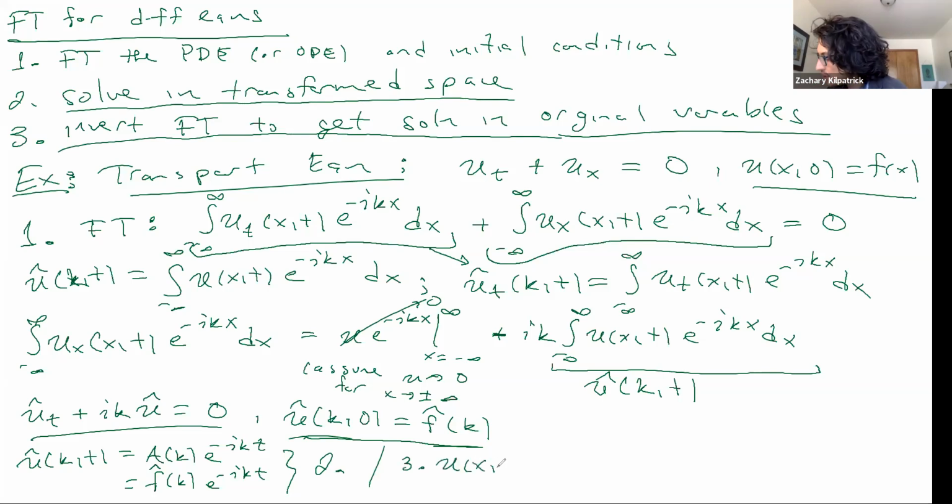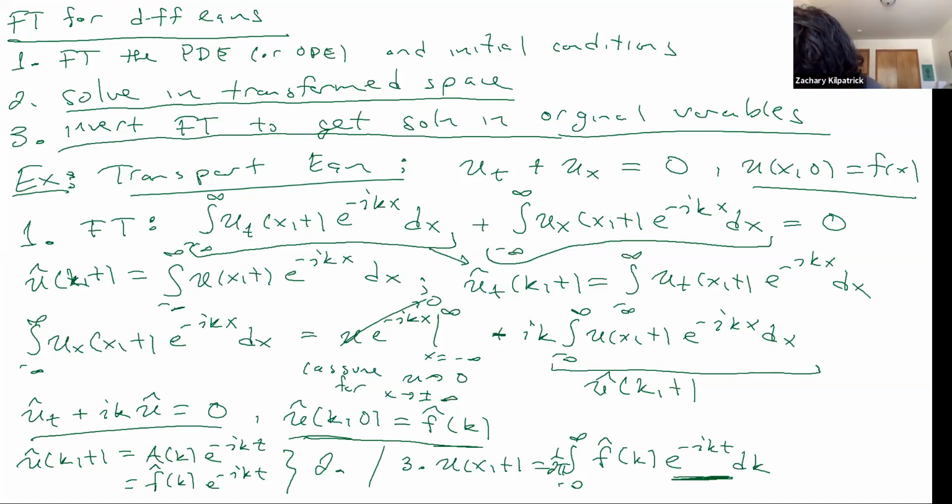So what is u(x,t) in this case? u(x,t) is going to be 1 over 2 pi times the integral from minus infinity to infinity of f hat(k) e to the minus ikt, and I left out the inverting part, e to the ikx, dk, which combines to e to the ik(x minus t) dk.